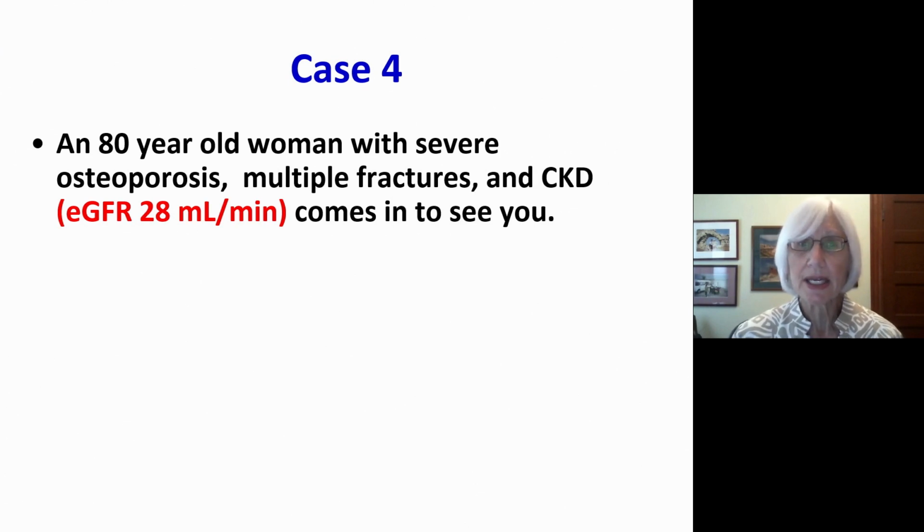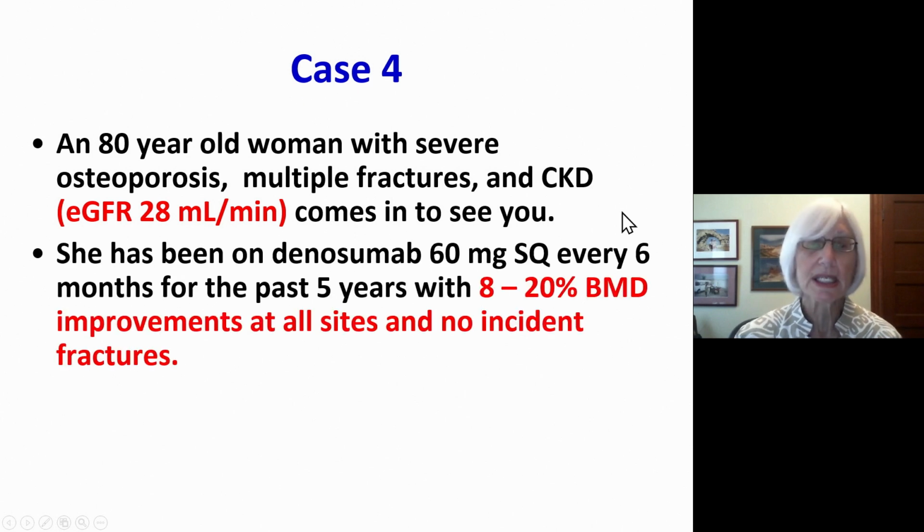This is an 80-year-old woman with severe osteoporosis, multiple fractures, and CKD with an estimated GFR of 28 mL per minute, who comes in to see you. She's been on denosumab 60 milligrams sub-Q every 6 months for the past 5 years. She has done fabulously well. She's gained 8 to 20% on the bone density at all sites.